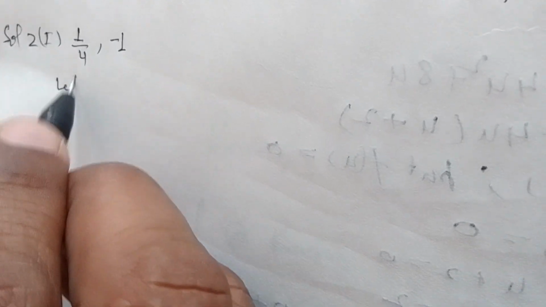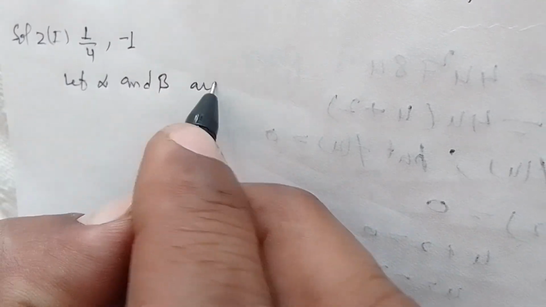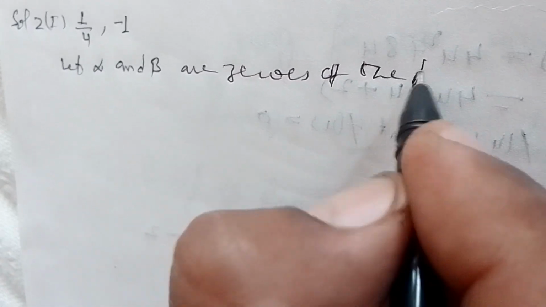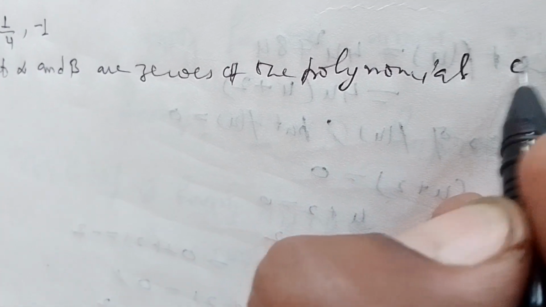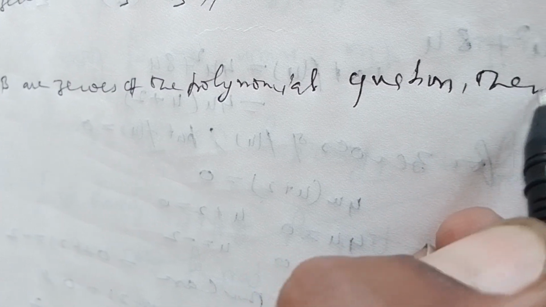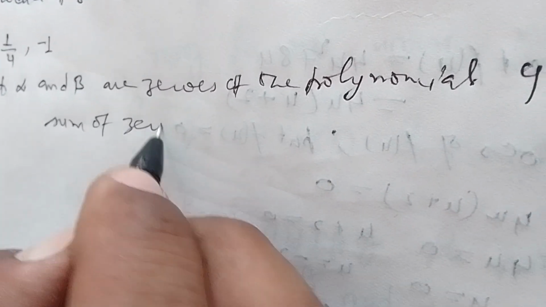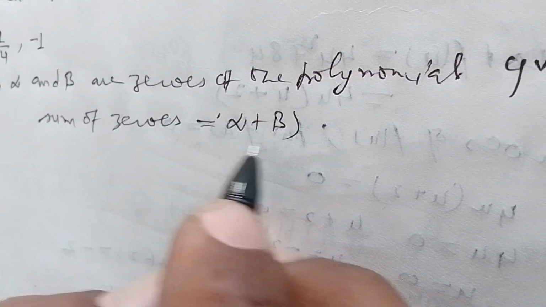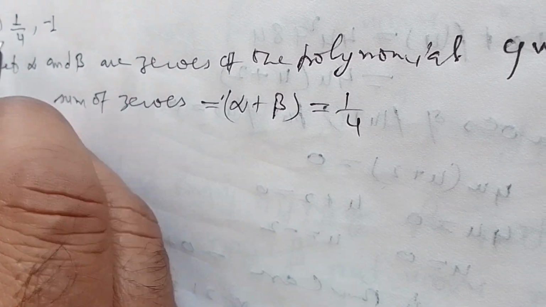So let alpha and beta be the zeros of the polynomial equation. Then the sum of zeros, that is alpha plus beta, is equal to 1 by 4, given.